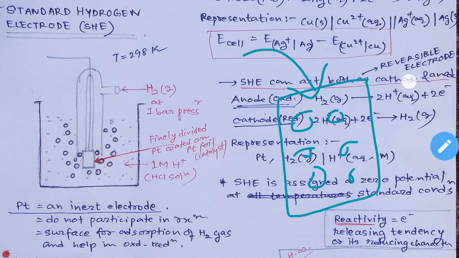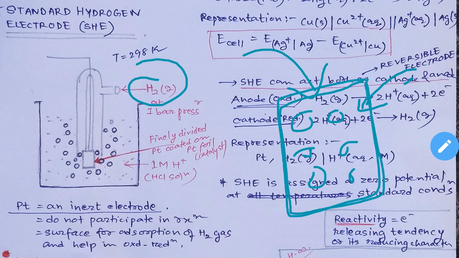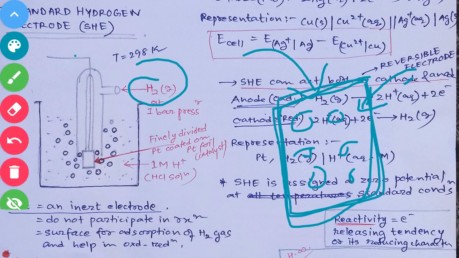Like that only, hydrogen gas, when we bubble it through this platinum wire, will be attached on this platinum surface, and this is necessary for the reaction to take place, because we will see how oxidation and reduction will take place. So this platinum surface gives room for the reaction to take place on its surface.